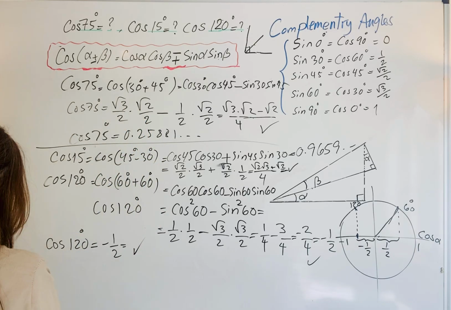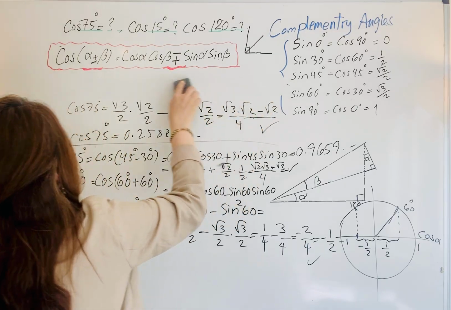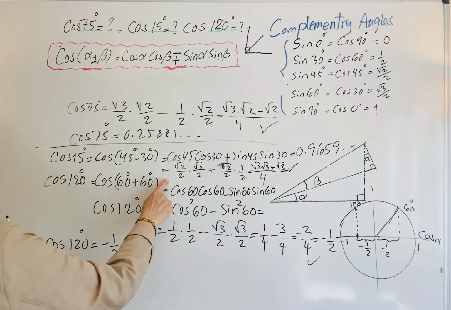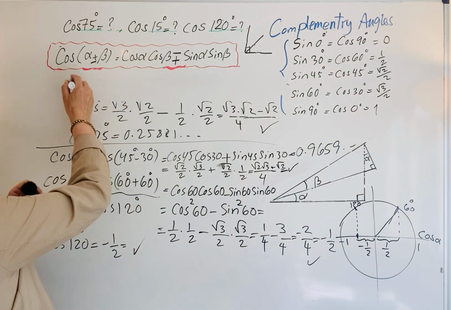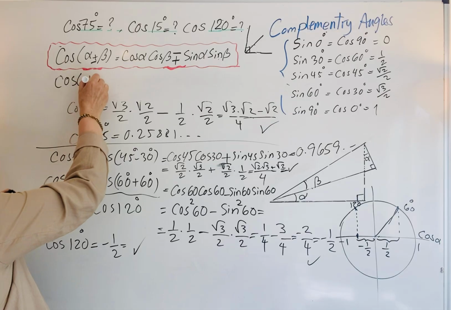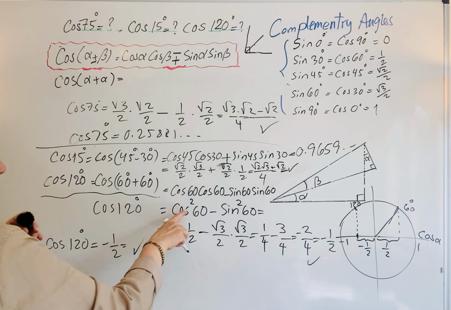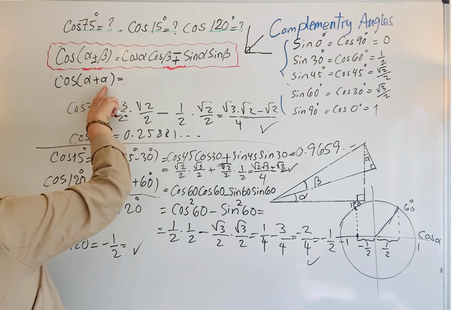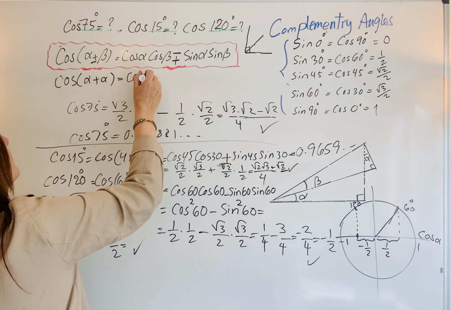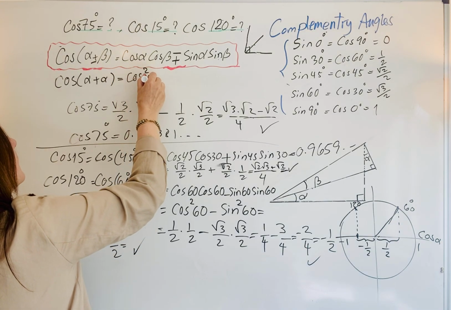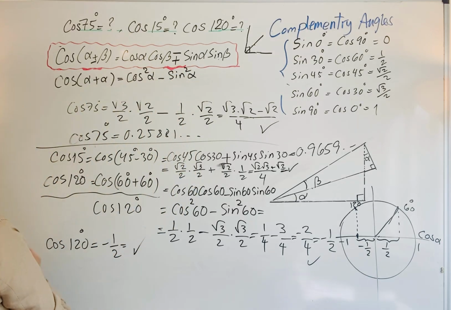But we can do something. This is the identity we got first, and we can add another identity about the double angle, like this one. We can say cosine of alpha plus alpha, because we had the same thing. Cosine of alpha plus alpha, we get cosine squared of alpha minus sine squared of alpha.